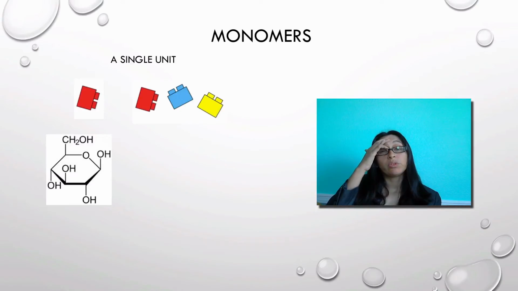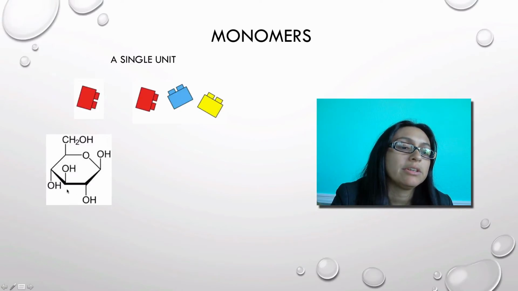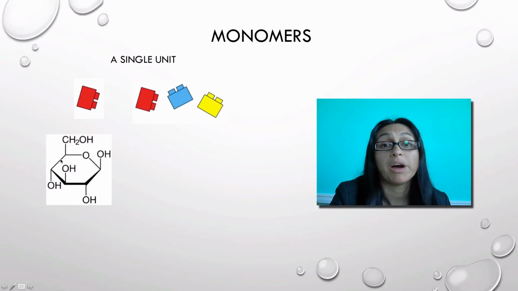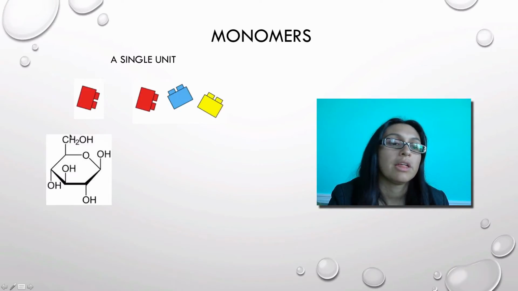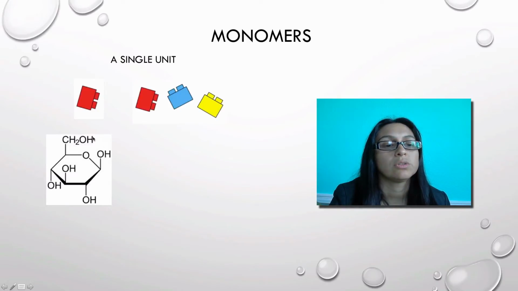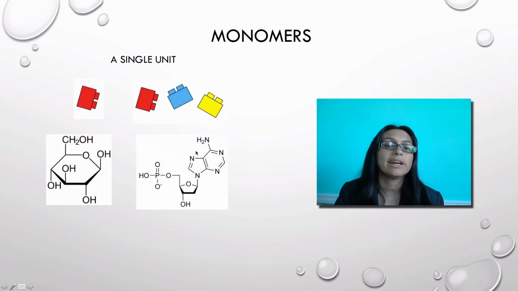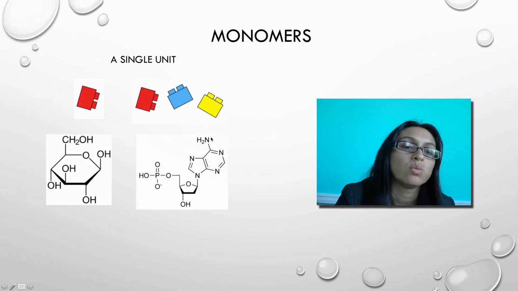Now, when we're looking at macromolecules, this here is an example of a monomer for a macromolecule. So this is analogous to this. Here's a single unit, one single piece. This is a monomer specifically for a carbohydrate. So that's one monomer, like this, for a carbohydrate. For nucleic acid, this whole thing is one monomer.